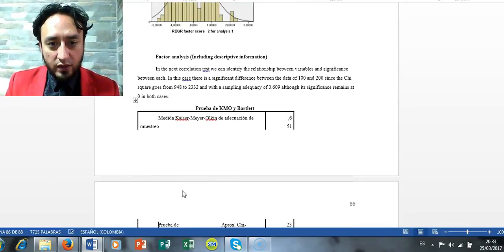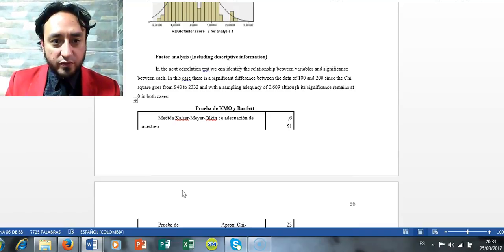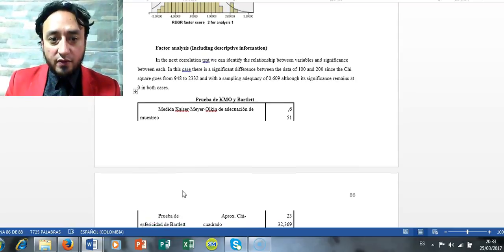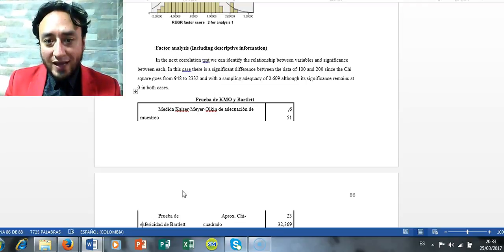Factor analysis, including descriptive information. In the next correlation test, we can identify the relationship between variables and significance between each other. In this case, there is a significant difference between the data of 100 and 200, since the chi-square goes from 948 to 2332, and with a sampling adequacy of 0.609, although its significance remains at 0 in both cases.